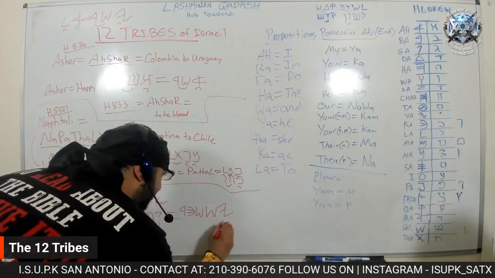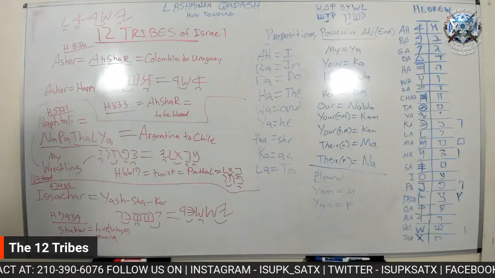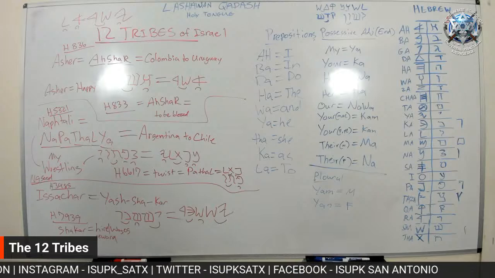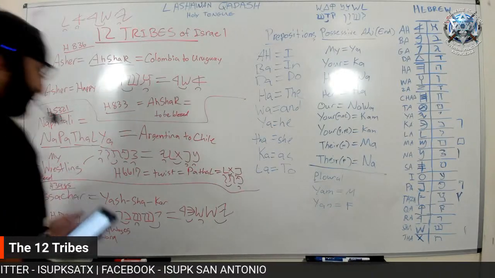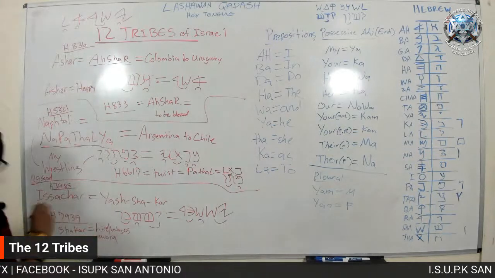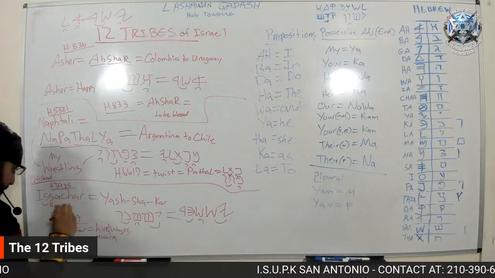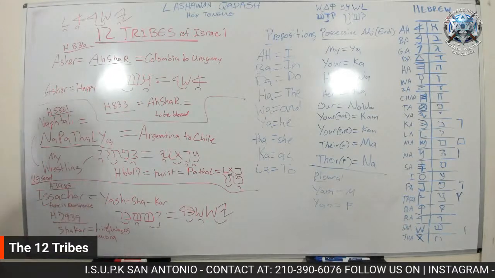Yashikar. There we go. I think so. I'm just drawing the characters larger. All right. So Yashikar means what? It means there is recompense. But we're gonna get the real definition of it.